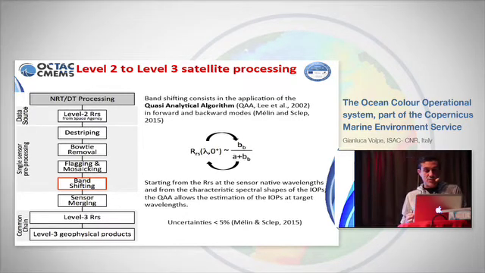So starting from the remote sensing reflectance at the sensor native wavelengths, this algorithm allows you, through the characteristic spectral shapes of the IOPs, to estimate the IOPs at the target wavelengths. So we can use a common set of wavelengths for the sensors, and this is possible with uncertainties below 5%, which is a very good result.